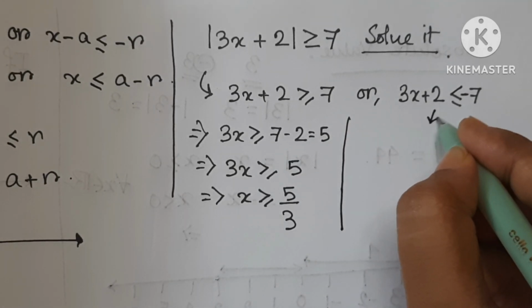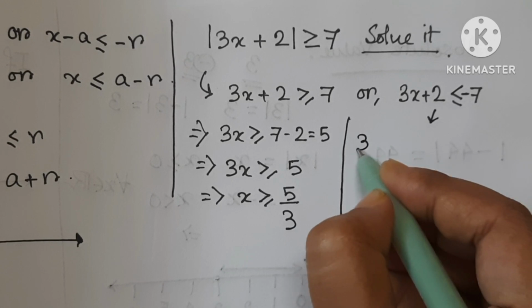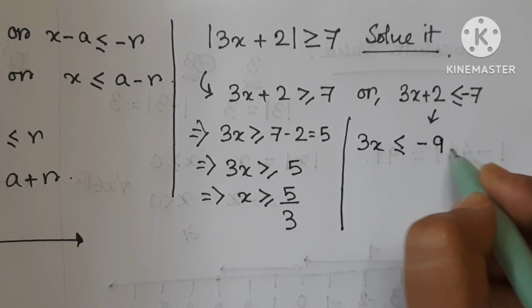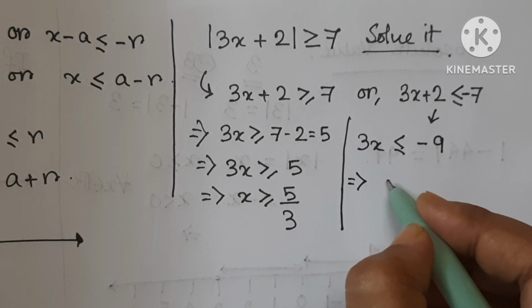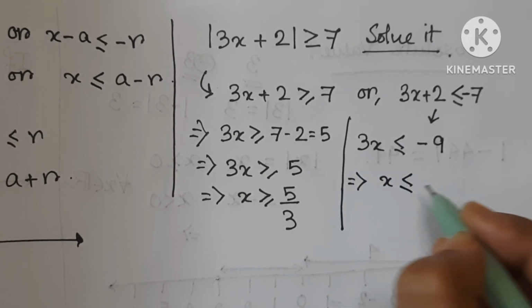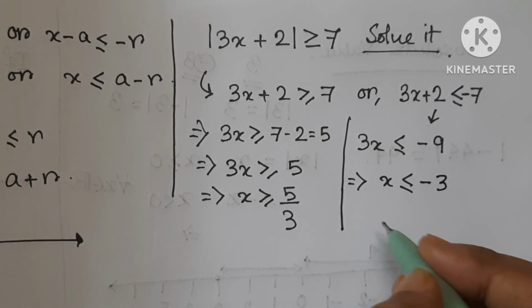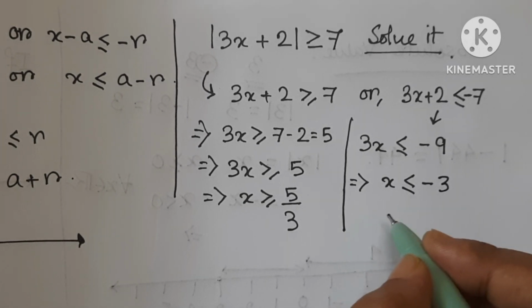Now here you can say 3x less than or equal to minus 9, x is less than or equal to minus 9 by 3, it will become minus 3.